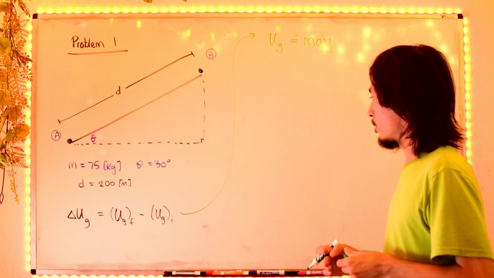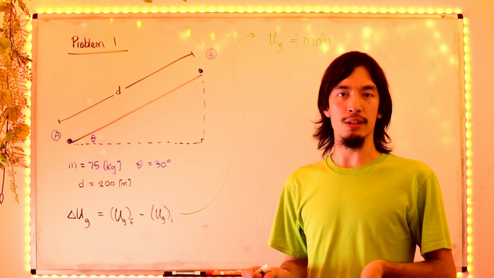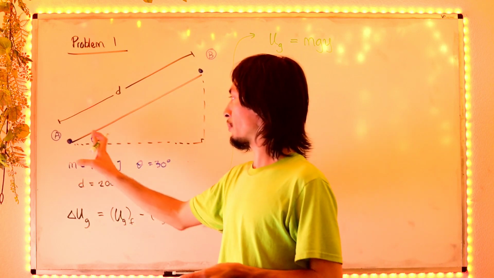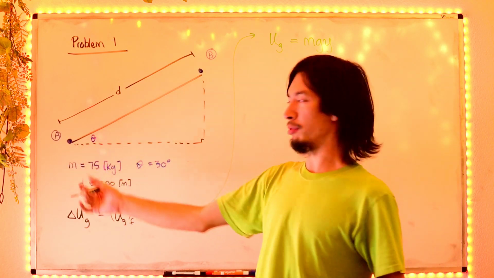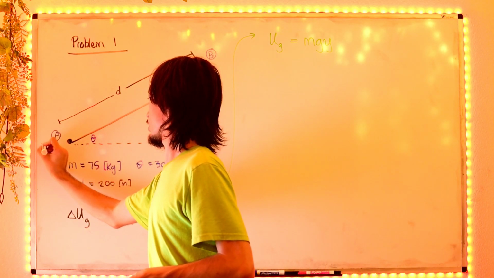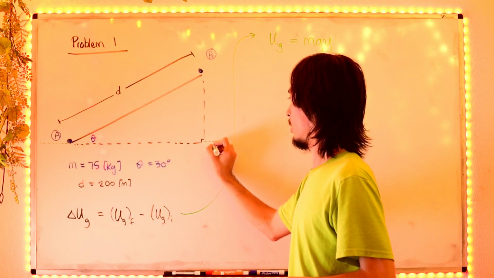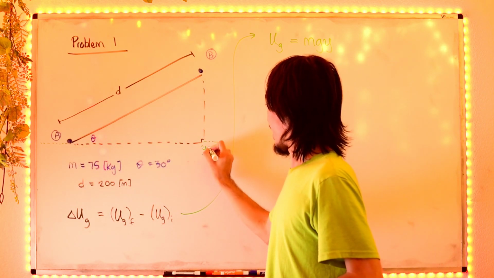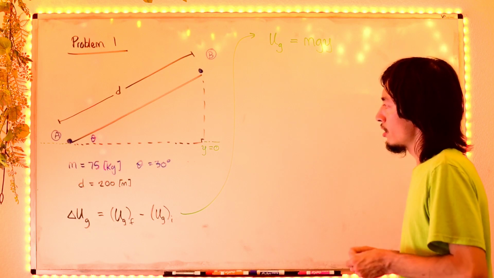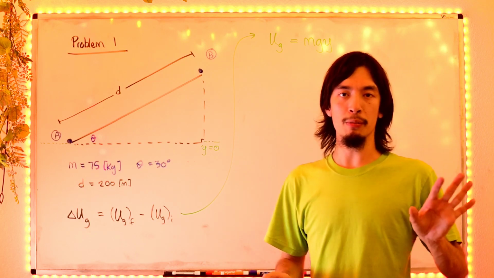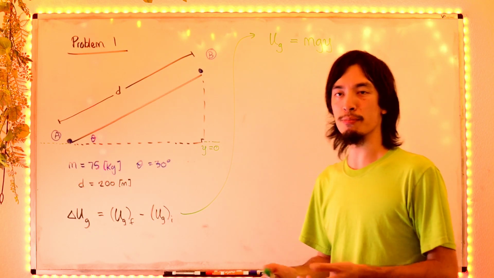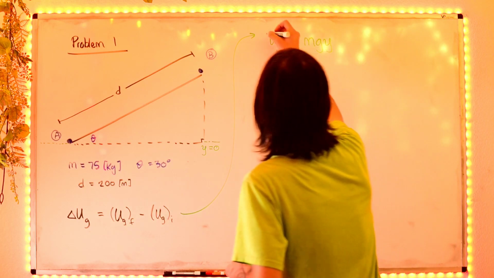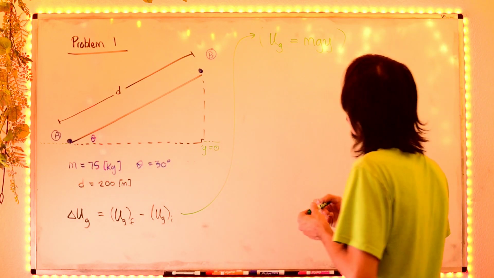What we need to do is define where y is equal to 0 in the problem first. Typically we set that to the lowest point in the problem. So we're going to say that this level down here, along the same height as point A, is our y equal to 0. You can set y equal to 0 anywhere in the picture, but the lowest point is a good choice for most problems.